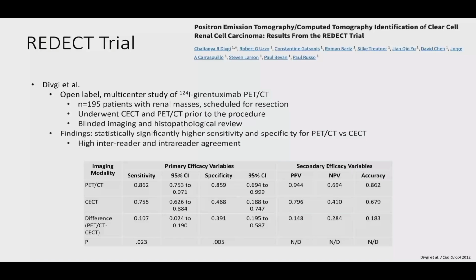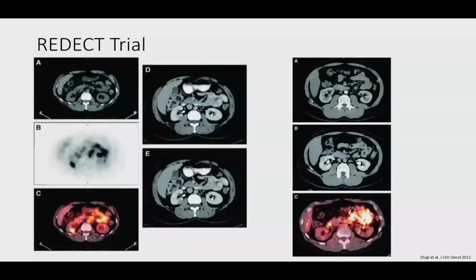So on the left-hand side here, you see a 1 centimeter right posterior renal mass, which is enhancing on conventional imaging, but also very obviously positive on the girentuximab PET-CT. And the final pathology for this lesion was clear cell RCC.